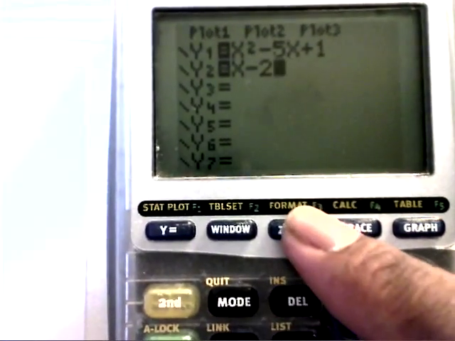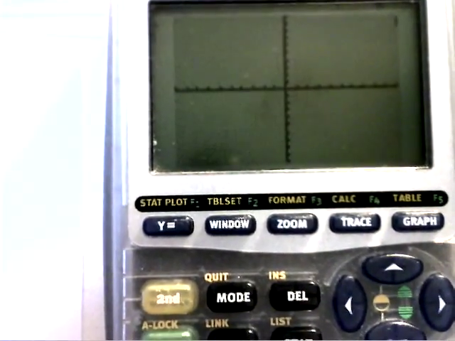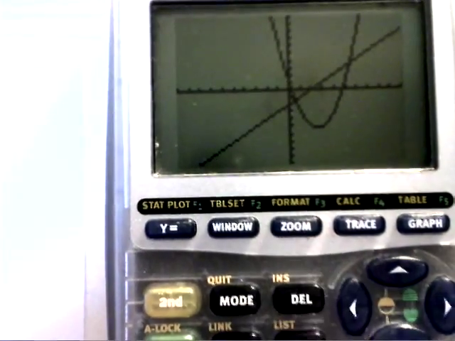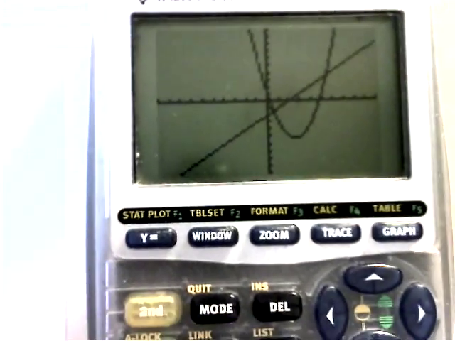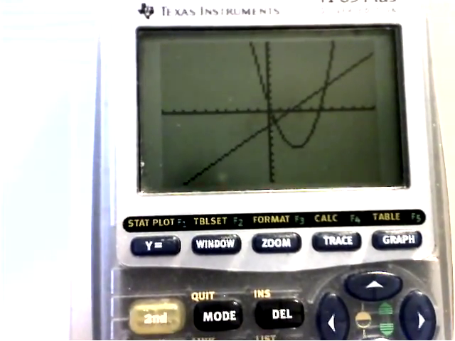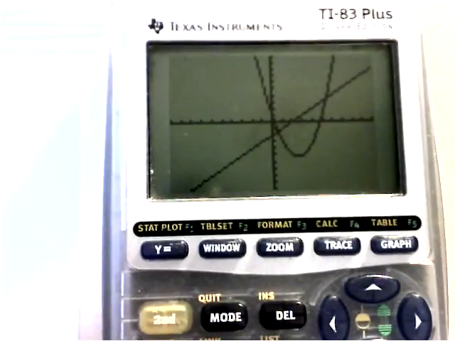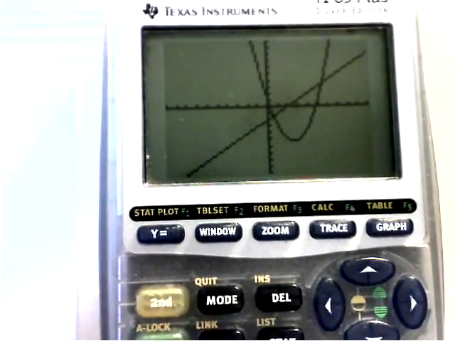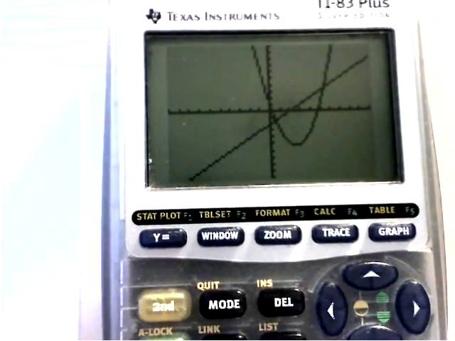And then you're going to press zoom and then 6. Zoom is at the top, and you'll select number 6 for the standard window. That's your line and the curve. We're going to find the intersection of those two, just like we did in number 9.